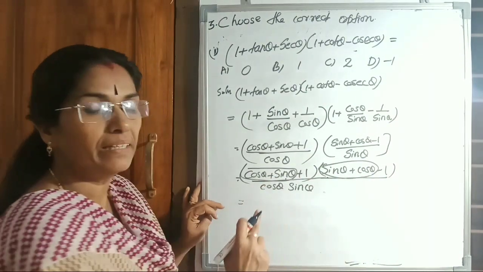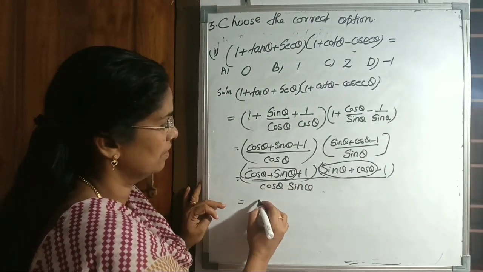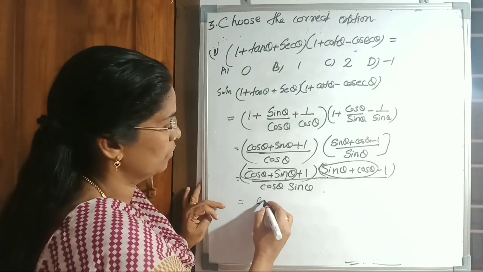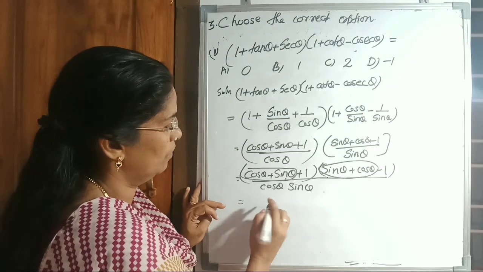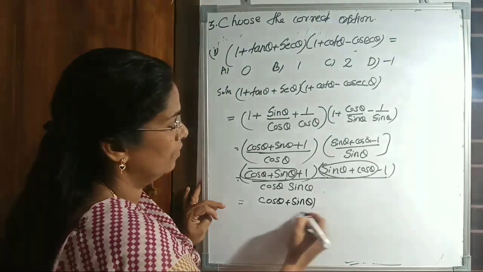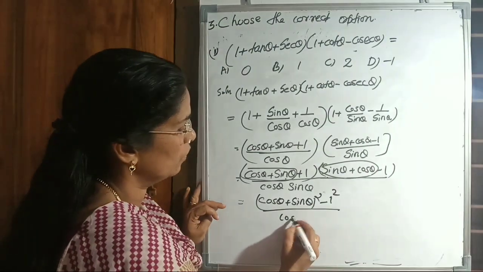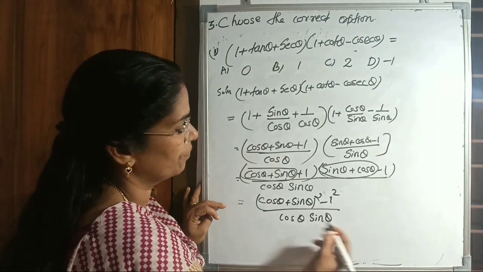So we can apply the identity a square minus b square, whole divided by cos theta sin theta.